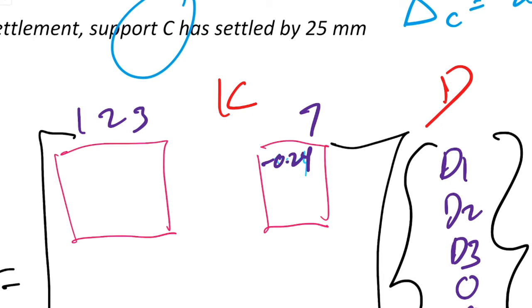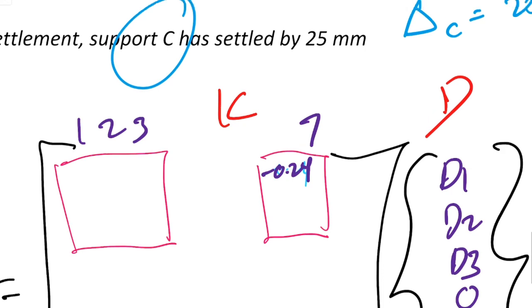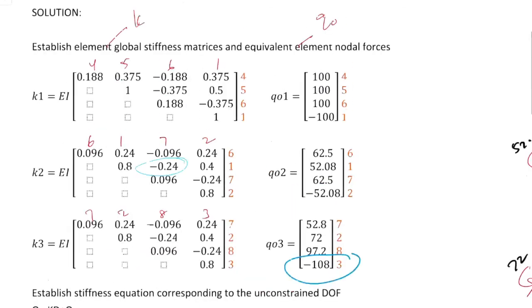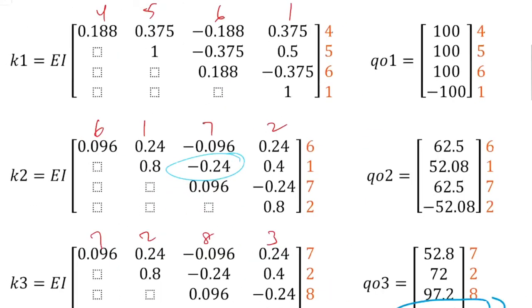We have to continue with 27, the value at the 27 position. There is no 27 in K1. Where is 27 in K2? 27 and 72 are the same, negative 0.24.